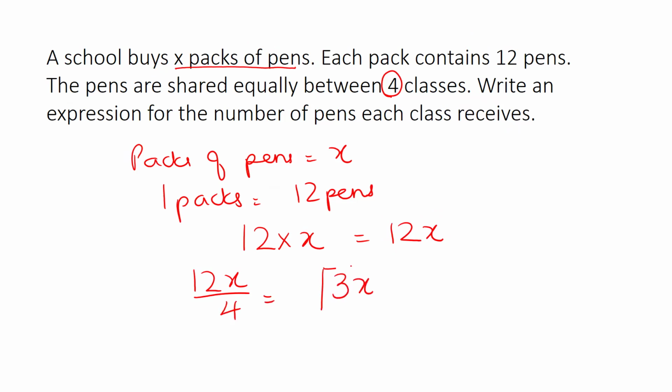So the expression is going to be 3x. And for example, if the school buys 2 packs, then you can say x equals 2, and then you replace the value of x here by 2. So it's going to be 6 pens. So each class is going to receive 6 pens.